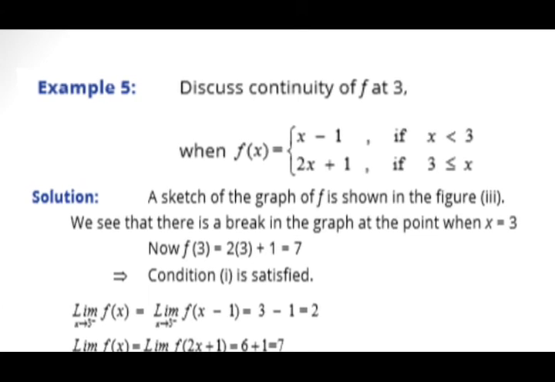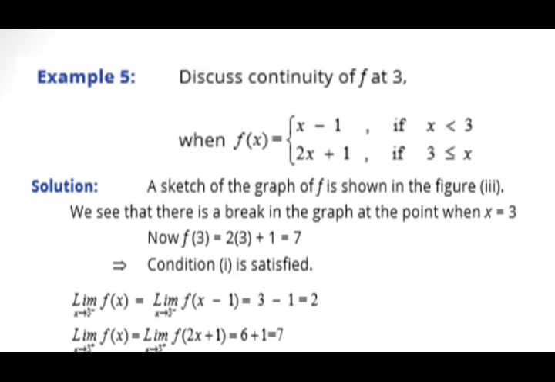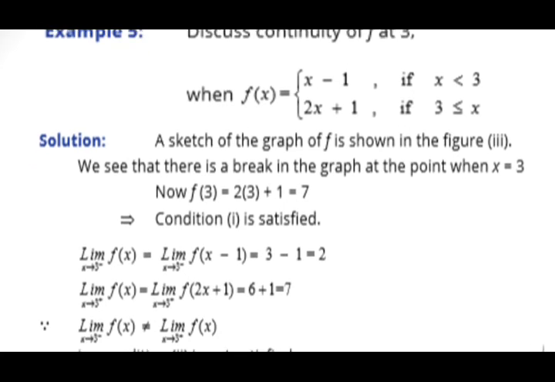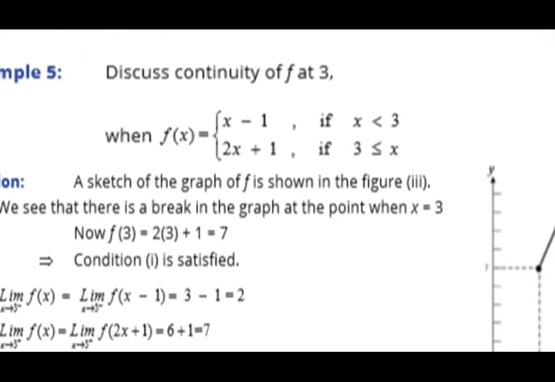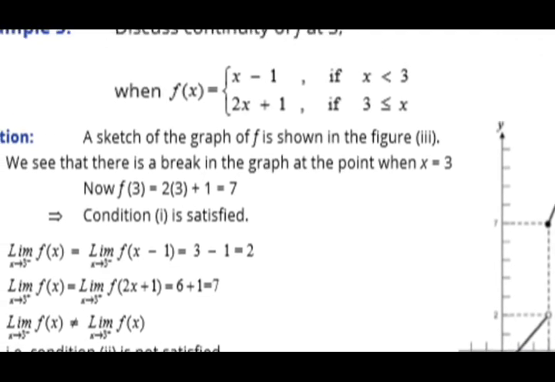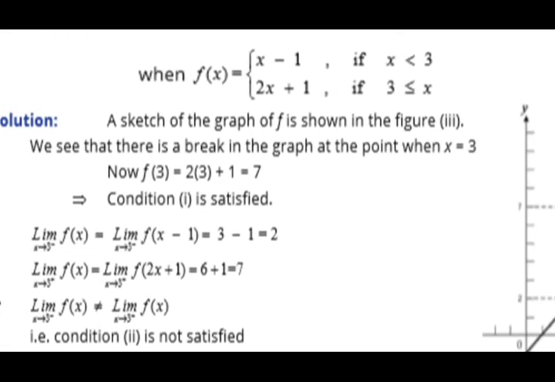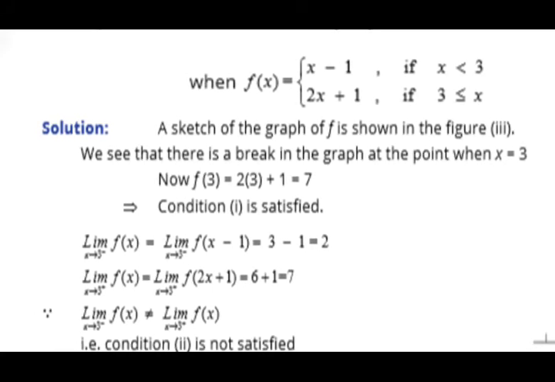Discuss continuity of f at 3. We have a piecewise function, x minus 1 and 2x plus 1. The limit where we check is x equal to 3. Now the graph, we draw it like we drew in the first exercise. For f of 3, we check in which function we put x equal to 3.